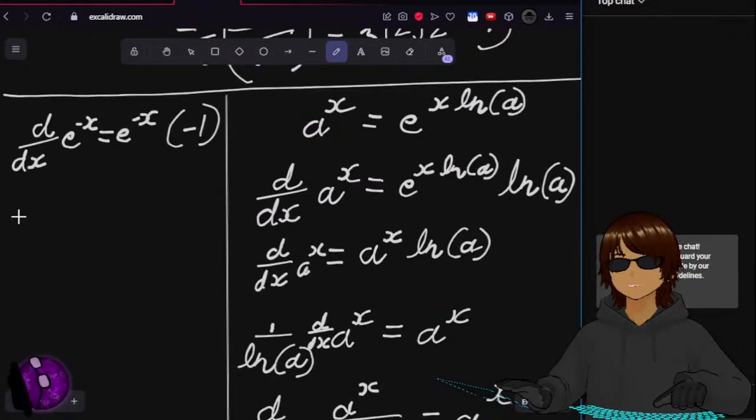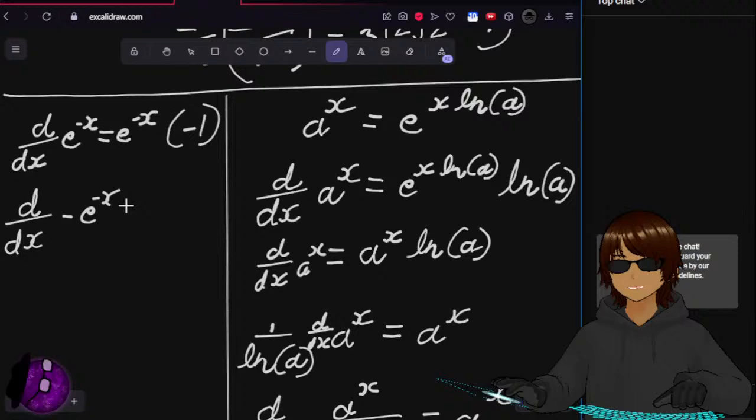Now putting minus 1 to the other side, since it's a constant, I can put it inside the derivative. I will get this.